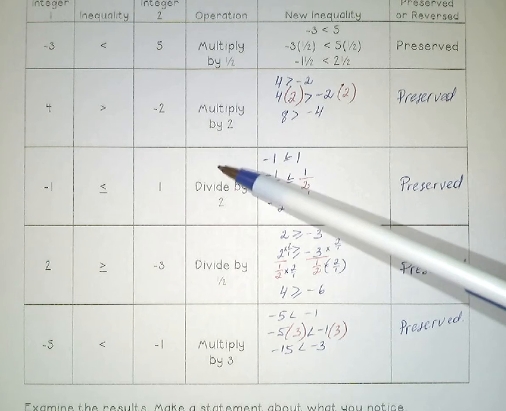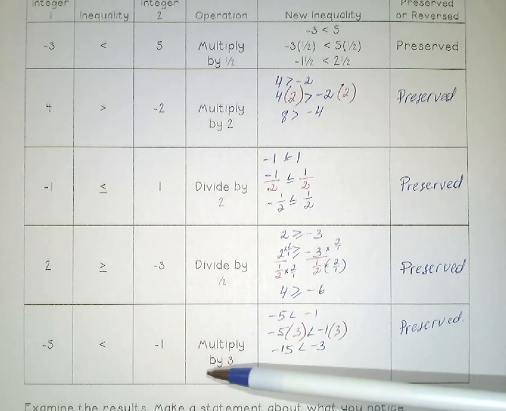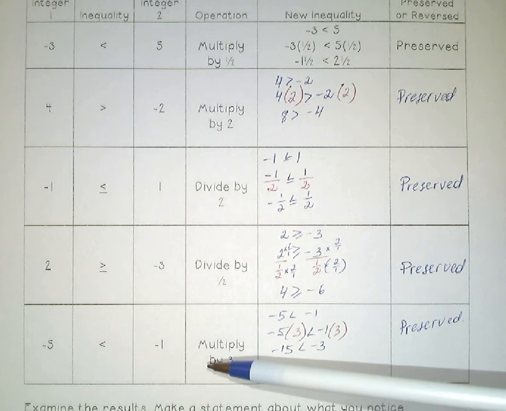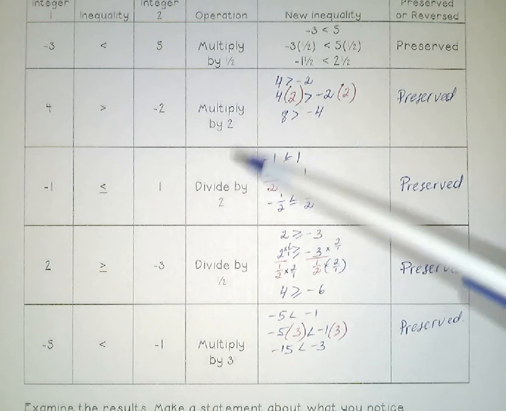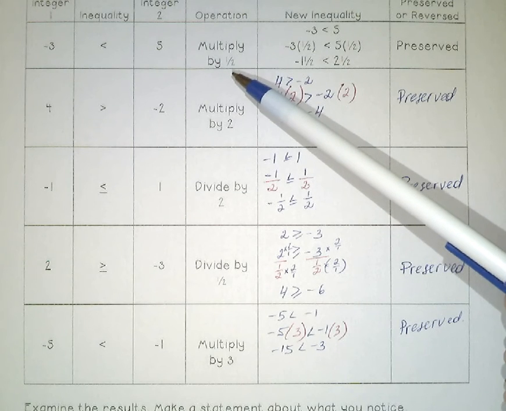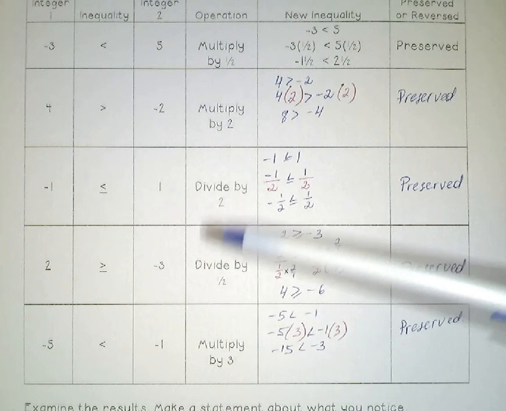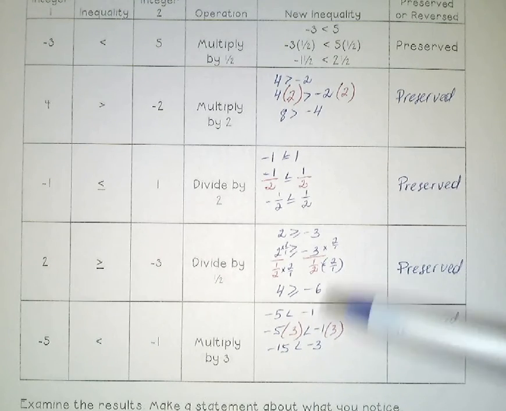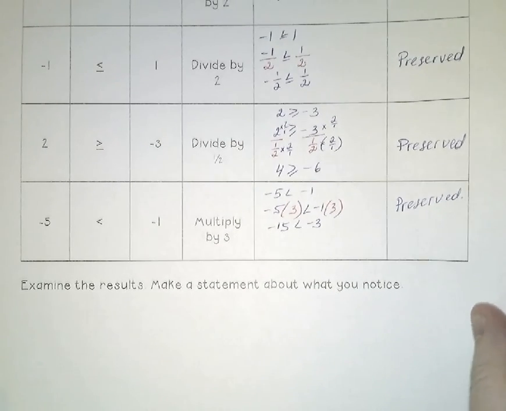We multiplied them all by either a fraction or a whole number, but there are no negative numbers here. So we can say after we multiply by a positive number, the inequality sign is preserved. After we multiply by a positive rational number, the sign is preserved.